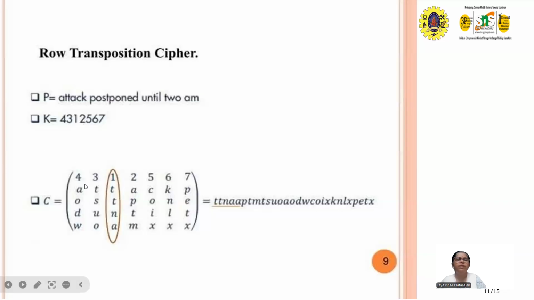Column 4 is APTM. Then we read the third, PTNA. Then we read the first, AODW. Then the second. So we write the ciphertext in column order. This way the plain text is transformed into ciphertext. This we call row transposition.